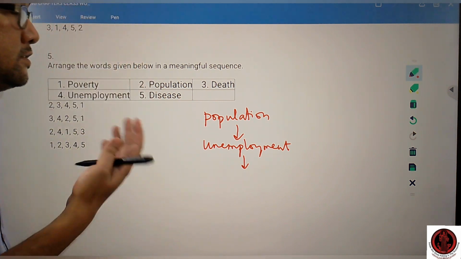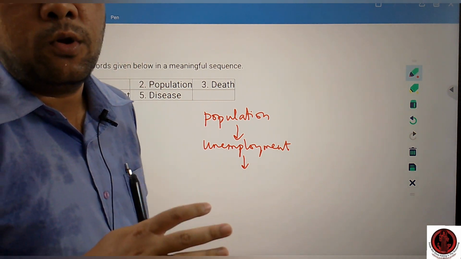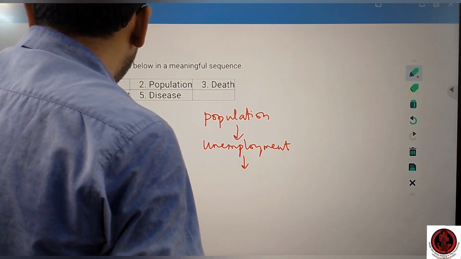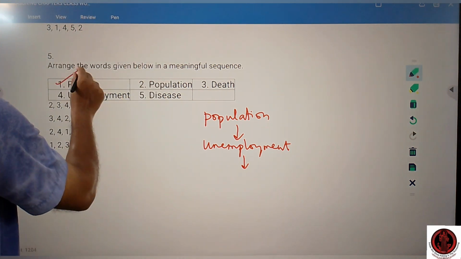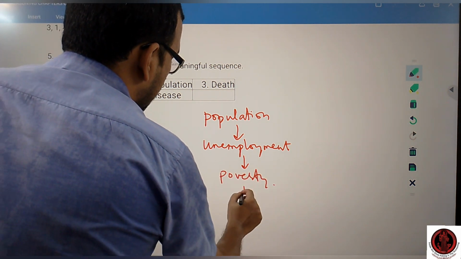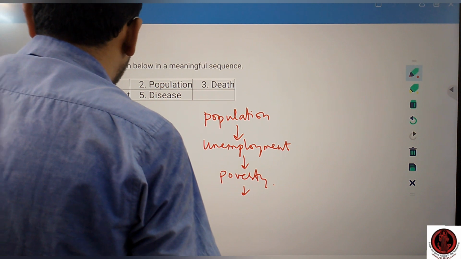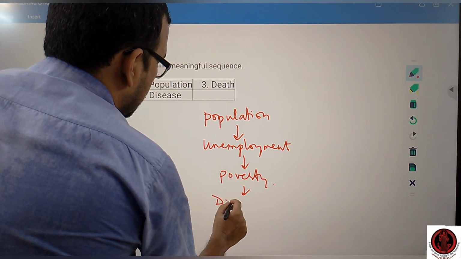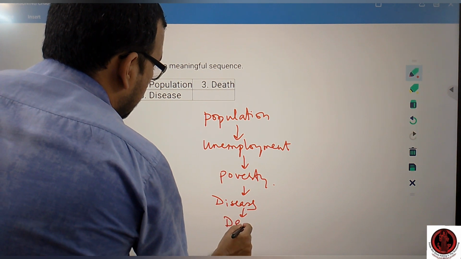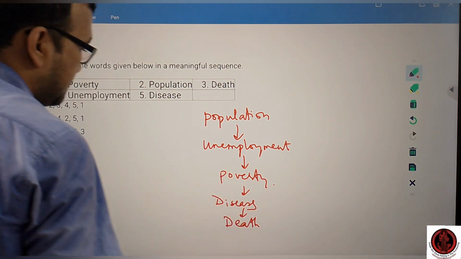So as population increases, unemployment will increase. If unemployment increases, then poverty is there. If poverty is there, then disease will be there. If disease is there, after that death is there.